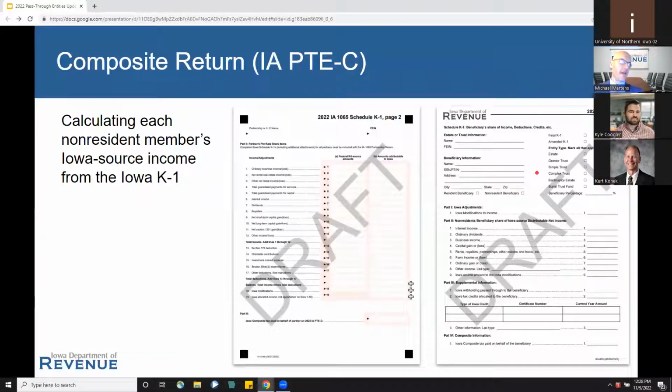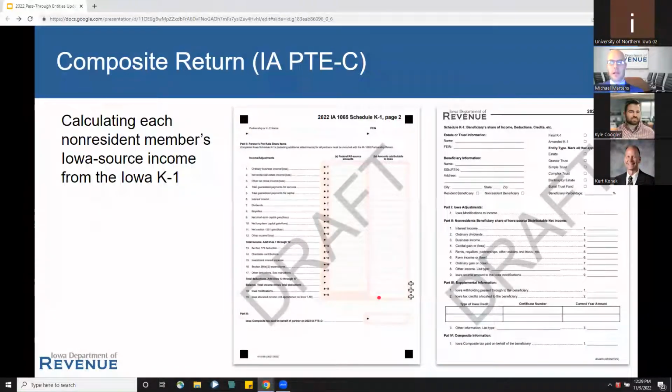You just need to add the net income sourced to Iowa plus the Iowa source amount of the modifications, and if there is any non-business income that has been allocated to Iowa down here on line 19, column B, you'd add that. So it's really just the addition of 3 lines on the K-1 that gets you each partner's Iowa source income for the composite return tax purposes.